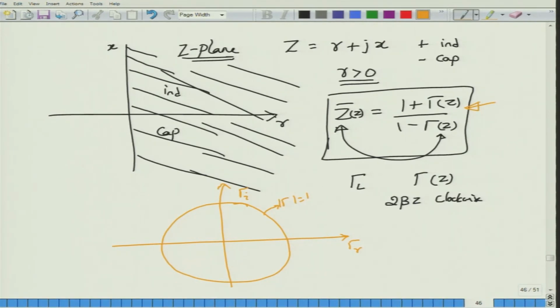So, how can this magic of the entire right half being converted into the region within the unit circle happen? This magic happens by what is called a bilinear transformation, okay.